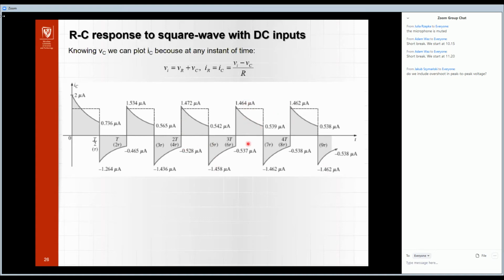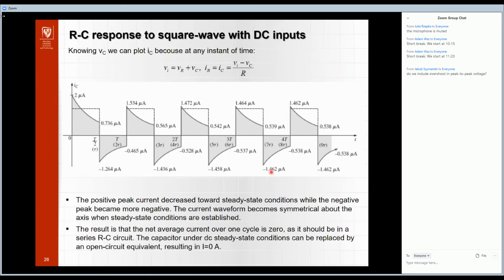And after some time, in the steady state, we see the symmetry here, and we see that we have the same value here and the same value here. Of course, the average value is equal to 0, because in the steady state, we know that the capacitor is the brake for DC.